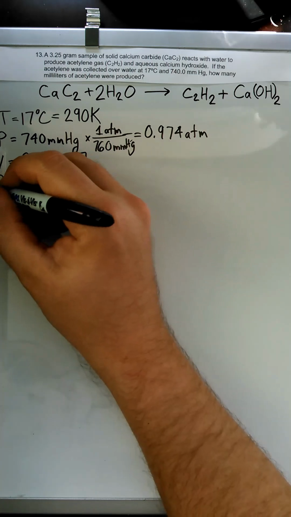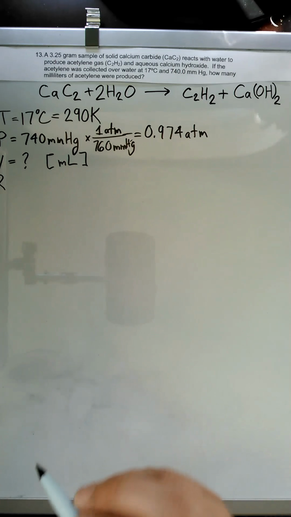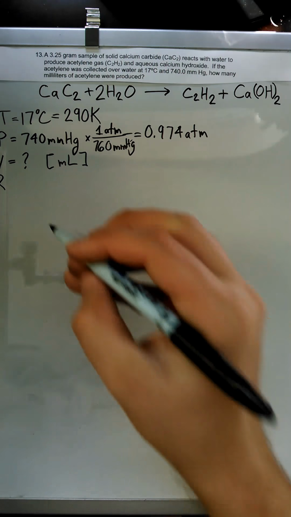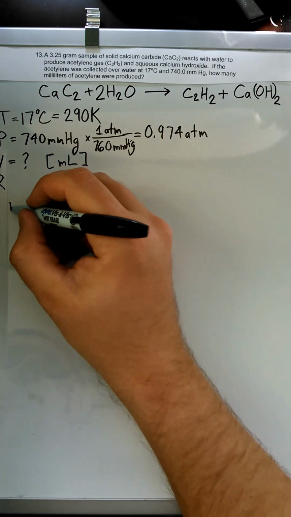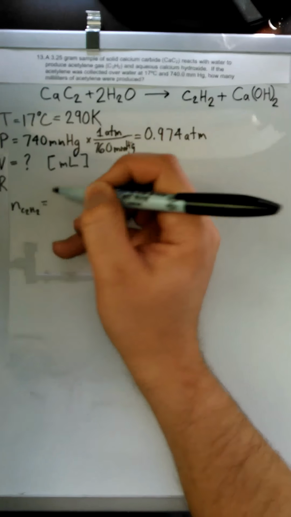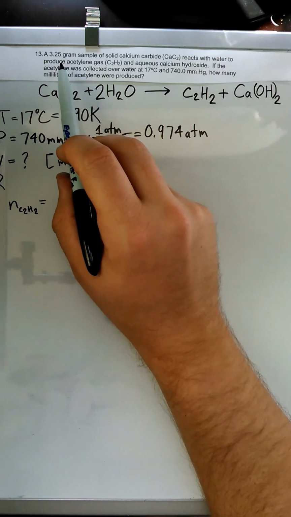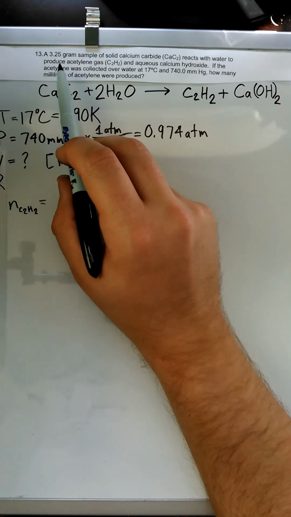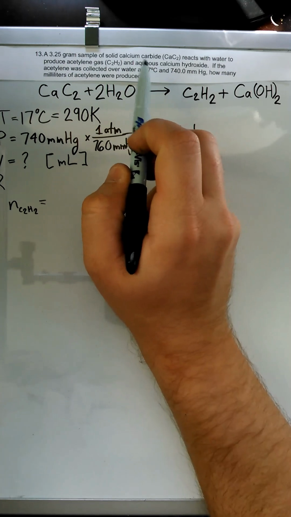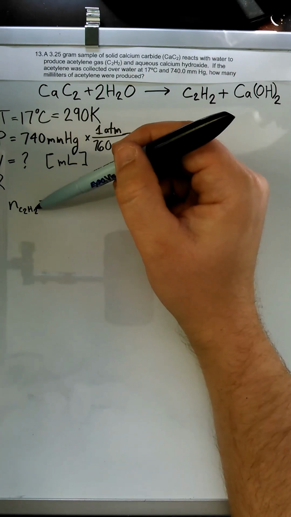All right, we know R is always a constant. So the last thing we need for the acetylene would be the number of moles. Now, in order to find the number of moles for acetylene, the C2H2, we're going to have to take the mass of calcium carbide given and do some stoichiometry to convert that from grams of calcium carbide to moles of C2H2, or the acetylene.